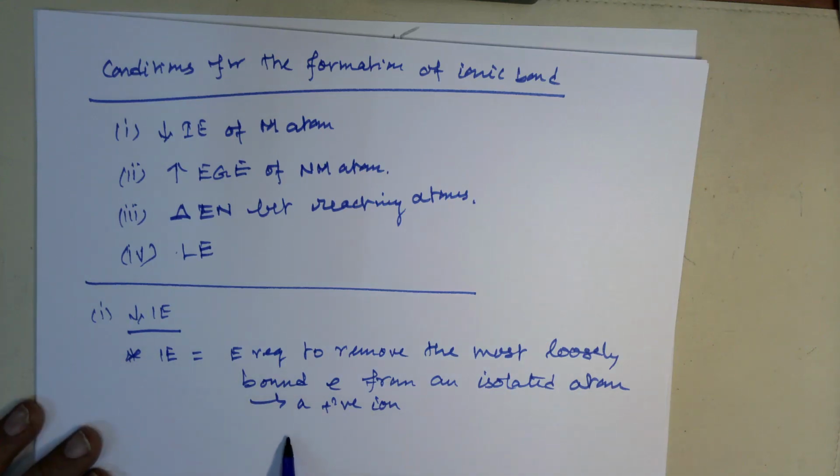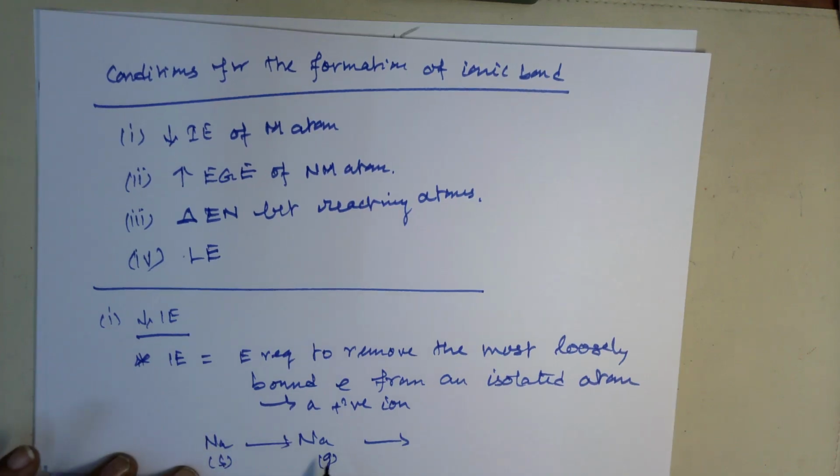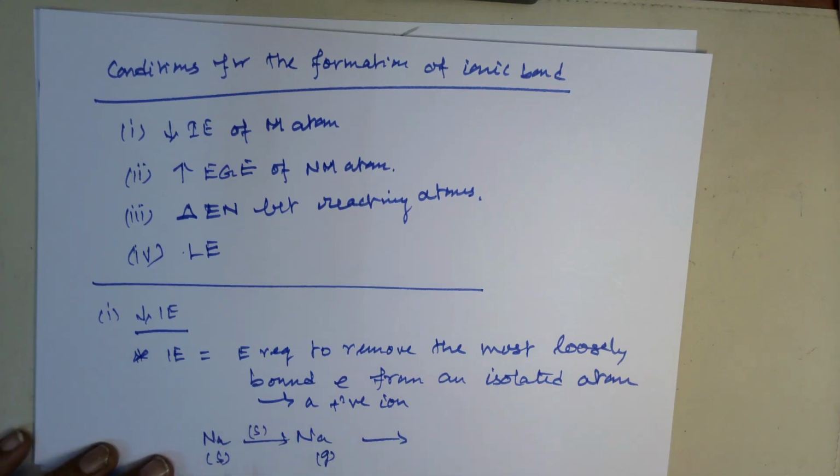It means, let me consider sodium. Sodium solid becomes a sodium gaseous atom. Actually, the metal becomes a molten liquid, and after that it becomes a gas. Otherwise, you can get it by sublimation also.